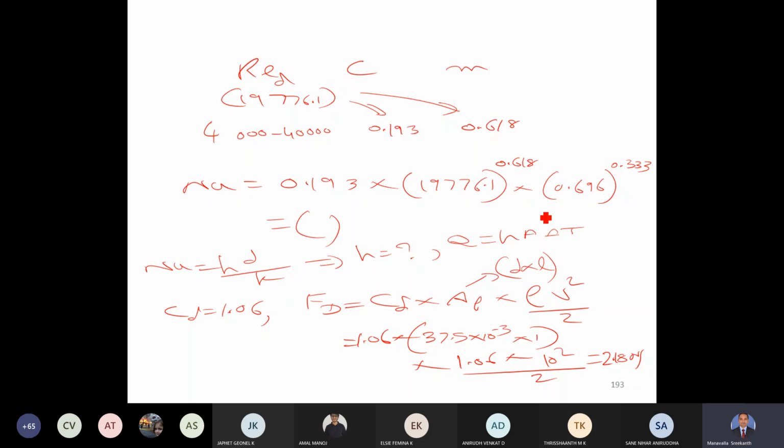Now this A is different from this A. This is AF, which is the frontal area. This A is the total area. That means every side of this one. This circumference is pi d multiplied by L. So this A is pi d L, where L is unit length. So with that you complete this particular problem.